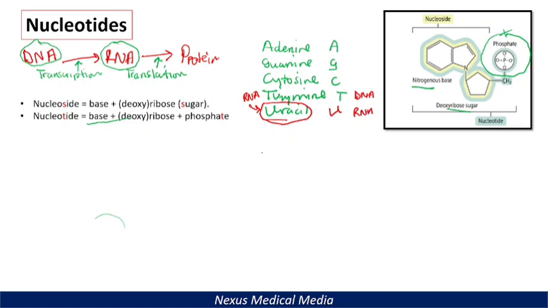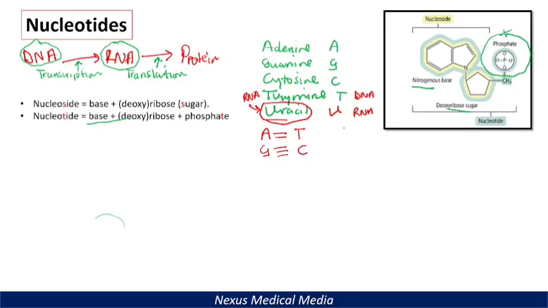Next is how these nitrogenous bases pair in these nucleic acids, because they form hydrogen bonds. So adenine makes 2 hydrogen bonds with thymine, and guanine makes 3 hydrogen bonds with cytosine.